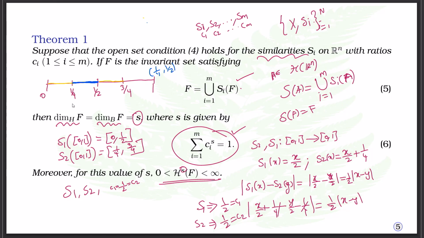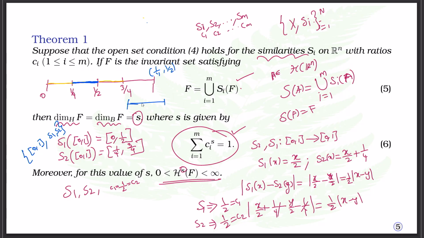Finally, the iterated function system, that is [0, 1] together with the similarity maps S1 and S2, has an attractor, and that attractor is an interval.